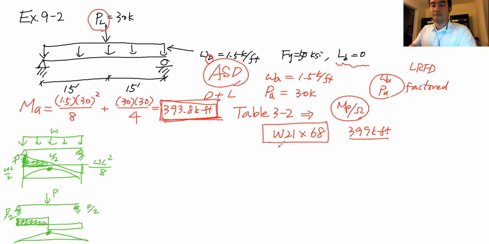And now, since we pre-selected the beam, we have information about the weight, right? So we're going to add this weight onto the given dead load and live load to update our bending moment again. To do that, now wa is equal to 1.5 plus 0.068, so it's going to be 1.568.